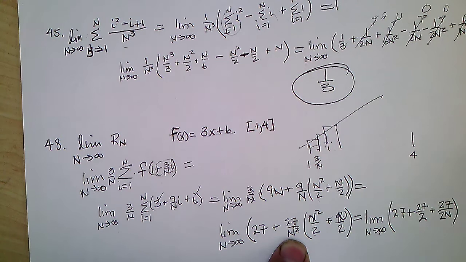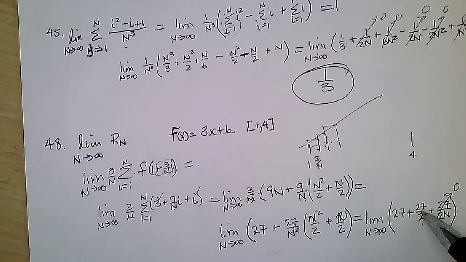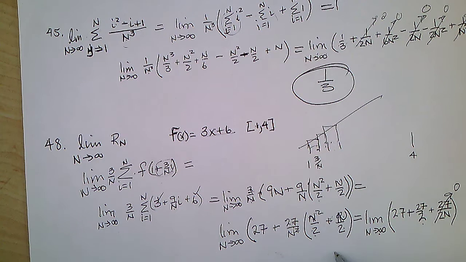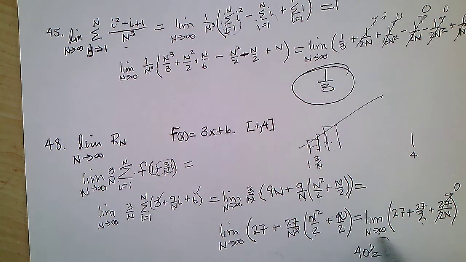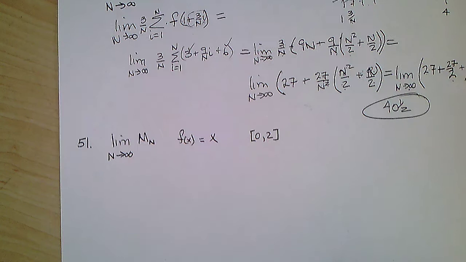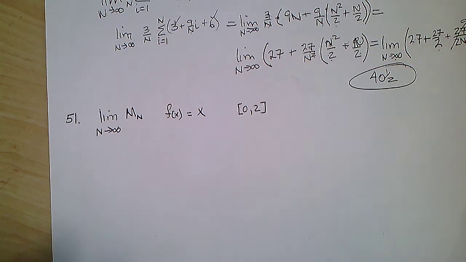And as n goes to infinity, that one will go to 0, and I'll get 27 plus half of 27. So half of 27 is 13 and a half. Add that to 27 is 40 and a half. Okay. And I'll do 51 in a moment.